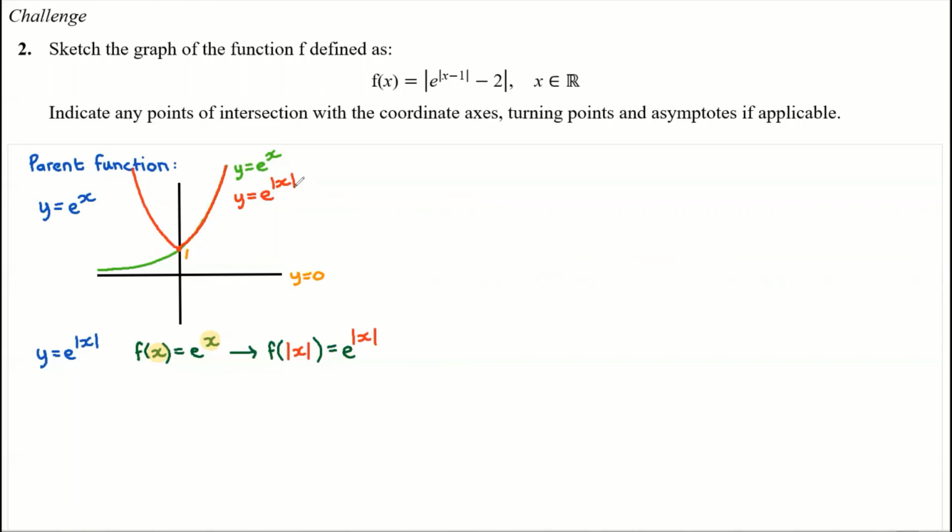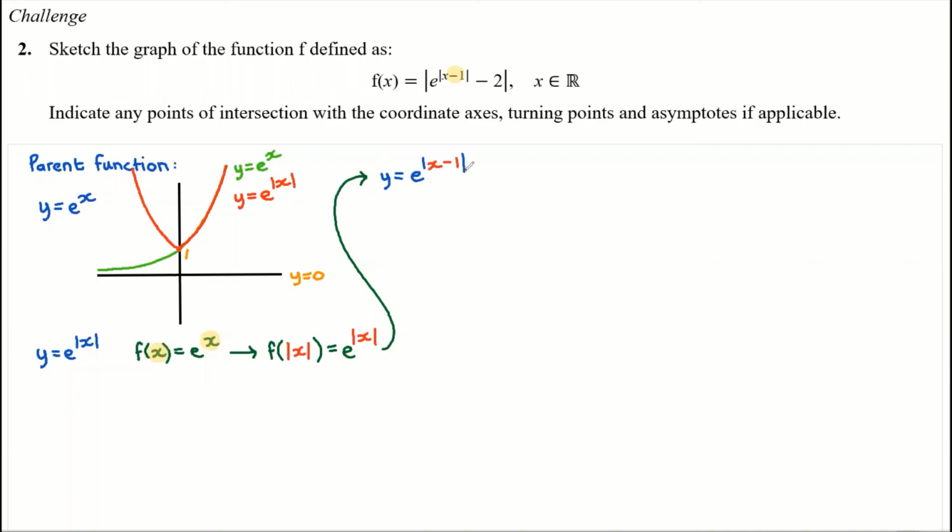So the next step, let's just storyboard this, I'm just going to go across here. What can we do? Well, we have to perform the horizontal translation first. Now, the horizontal translation, which I can see, is inside the function. So I'm going to have a crack now at sketching the graph of y is equal to e to the modulus of x subtract 2. Sorry, x subtract 1 in the power.